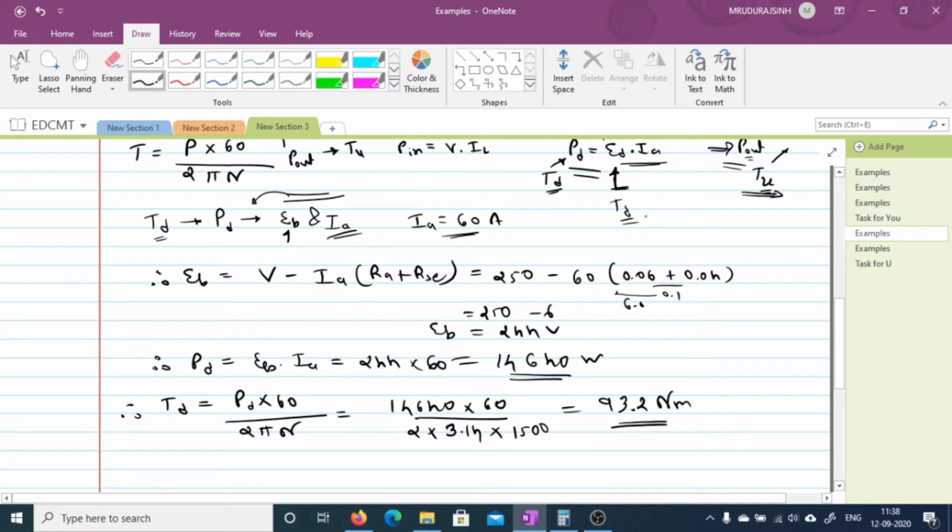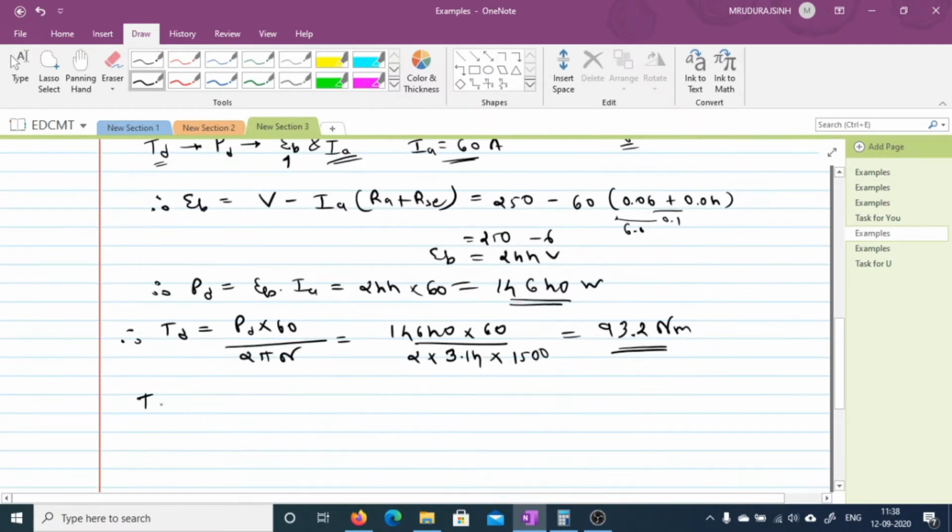Developed torque. Now we need to find the useful torque. For that we will use the useful power, or output power, which is given to us as 18 HP. We need to convert this 18 HP into watt, and to do that we need to multiply it by 735.5, right?